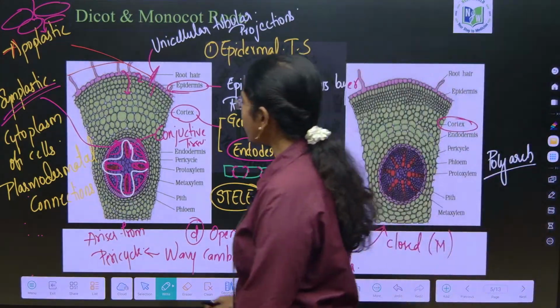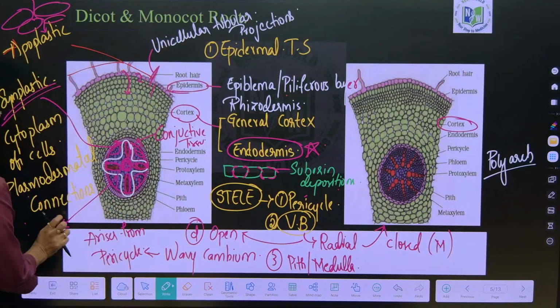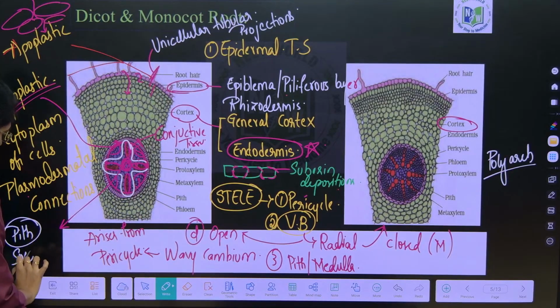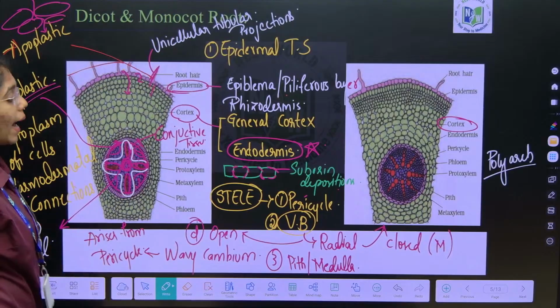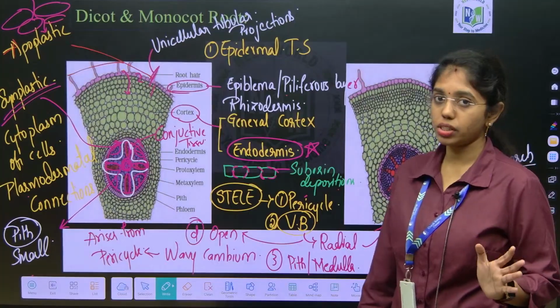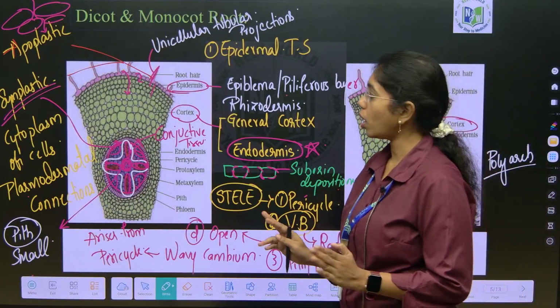And at the center, pith is small and inconspicuous in dicot root, and pith is large in monocot root. These are the simple differentiations. Everything else is the same between dicot root and monocot root.